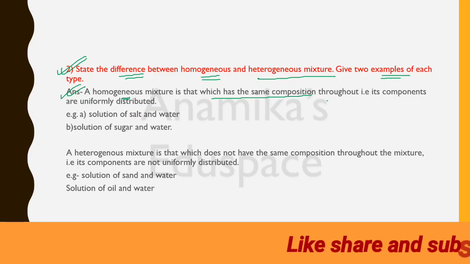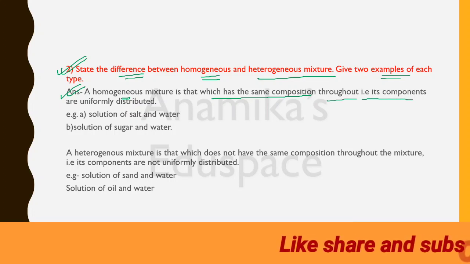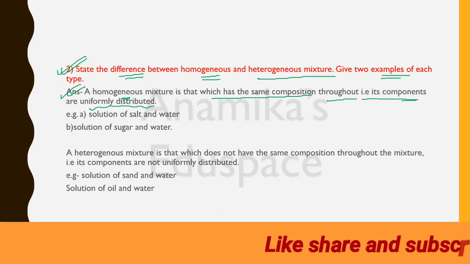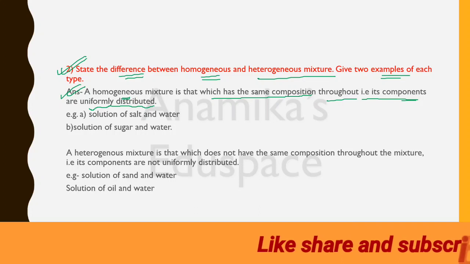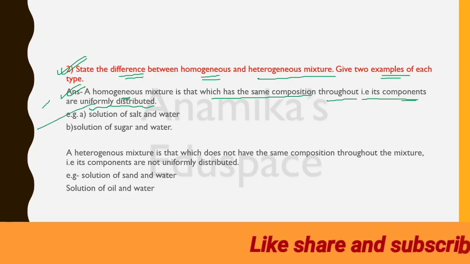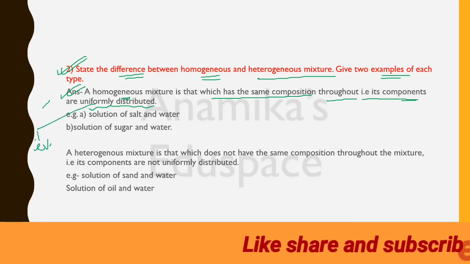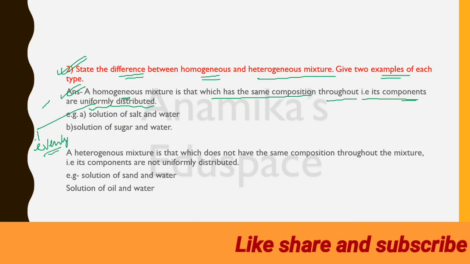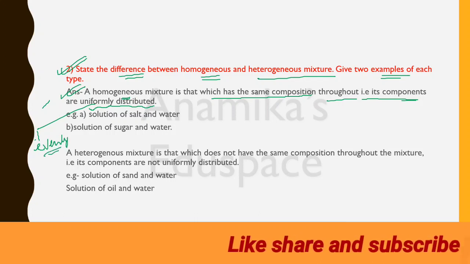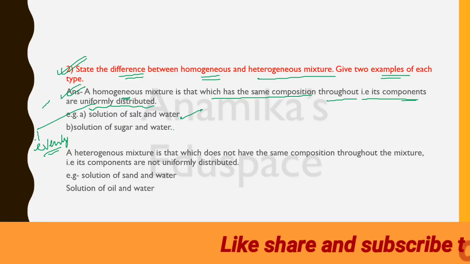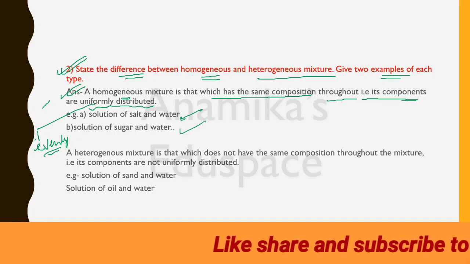That is, its components are uniformly distributed. What do you mean by the word uniformly? Uniformly means evenly. Uniformly means evenly distributed. And the example will be solution of salt and water and solution of sugar and water.